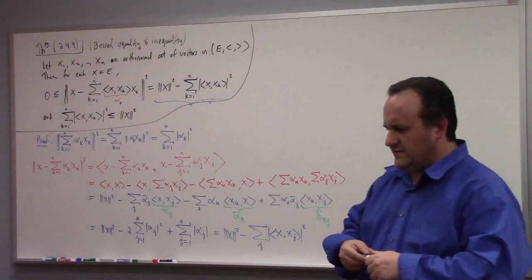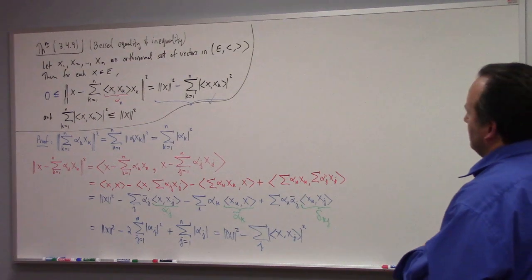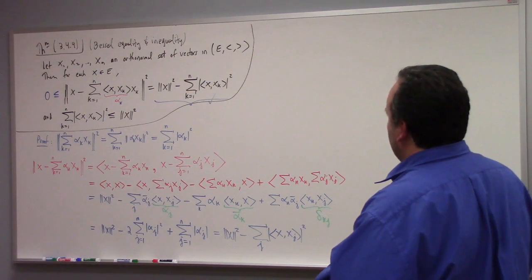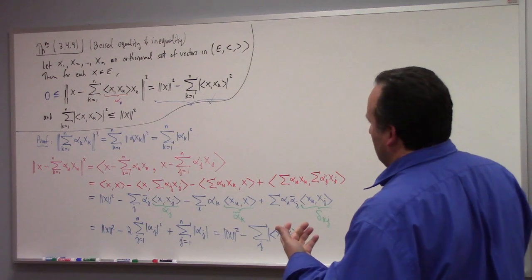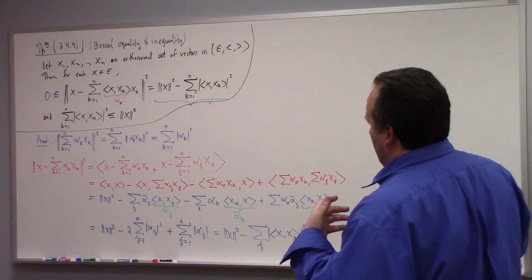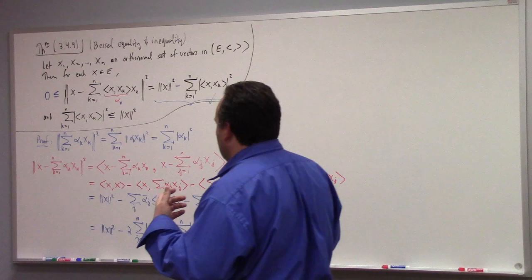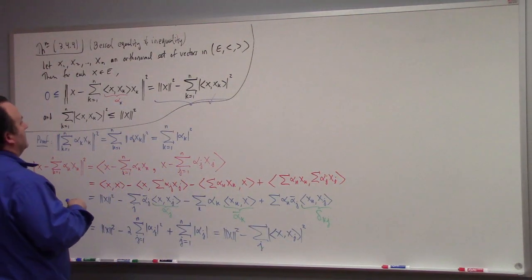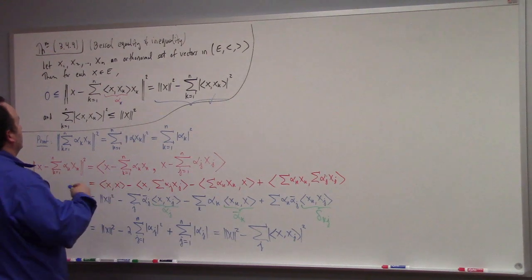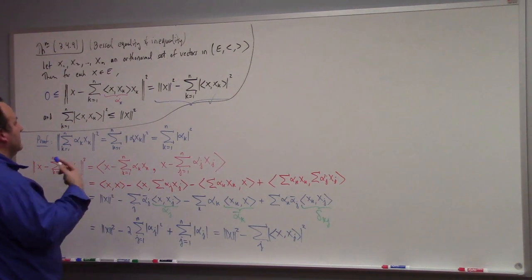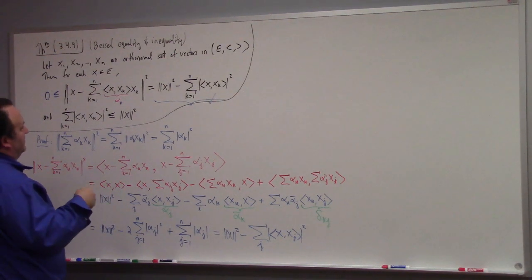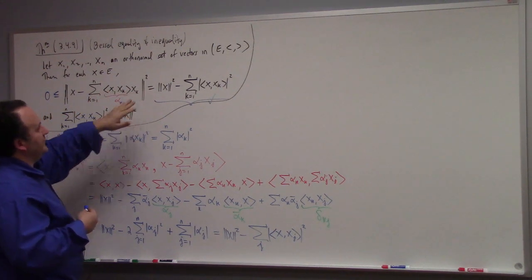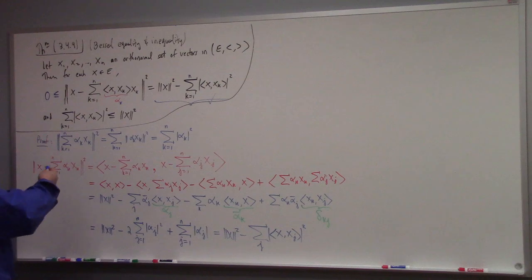So let's see here. Taking a step back, like what's going on here? So we're not saying that it's necessarily a basis, right? Like it's just an orthonormal set. So I would say like what's going on here is, what are you doing here? You're picking off the components of the given vector x, which are in the direction of this orthonormal set, the span of the orthonormal set, right?